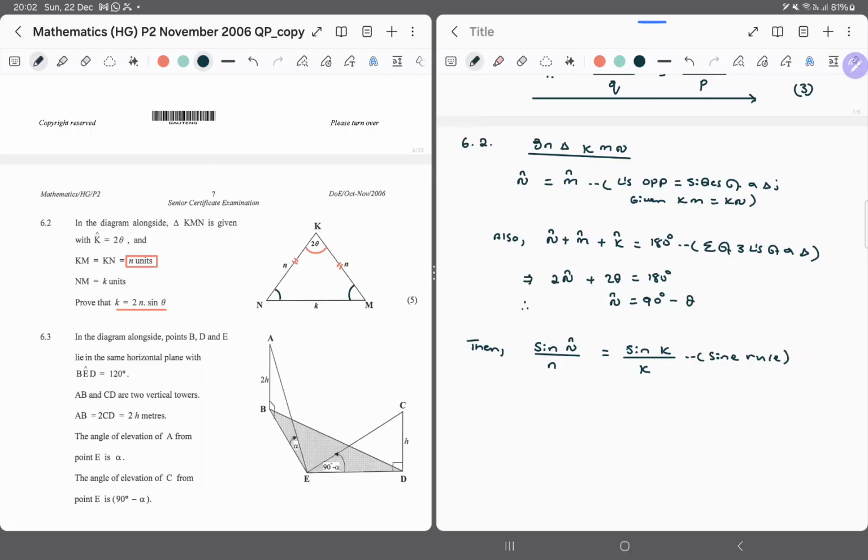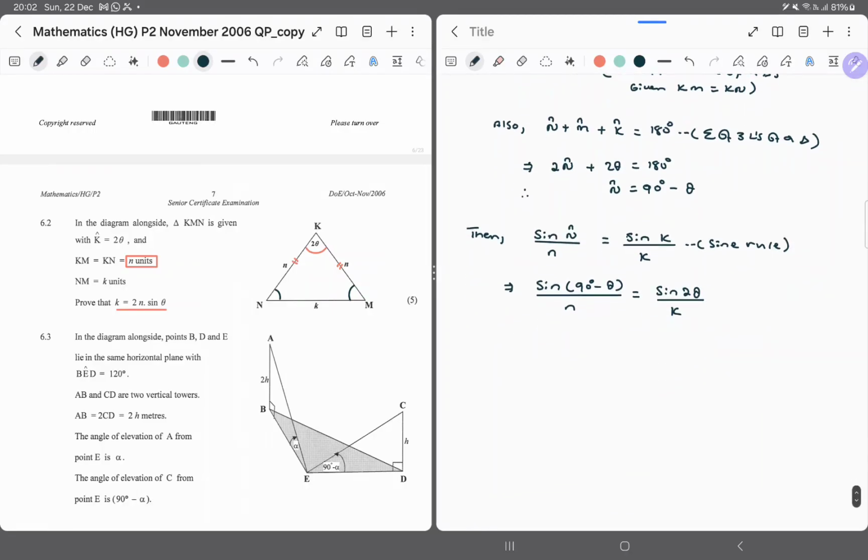All right, now we just cross multiply, or before we cross multiply, we know that this is sine of 90 degrees minus theta divided by n equals sine of 2 theta divided by k.